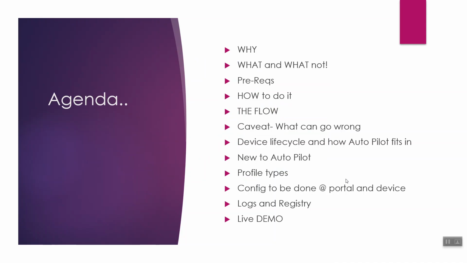We saw the new interesting features of Autopilot, and we saw them in demo as well, barring the self-deployment profile. We saw everything else in the demo. We saw all the configuration that was needed to be done on the portal end. We know now the logs and the registry that need to be taken care of for validation.